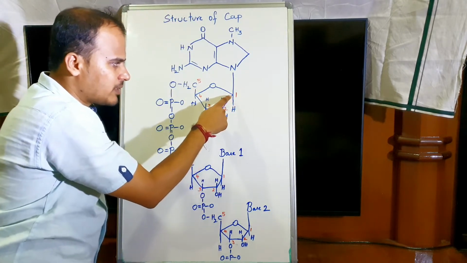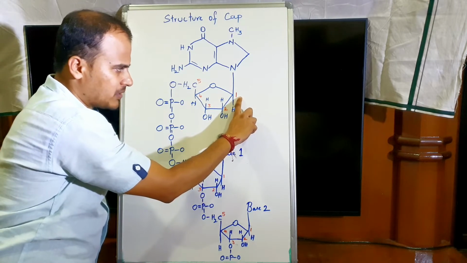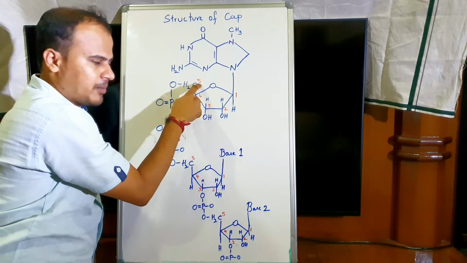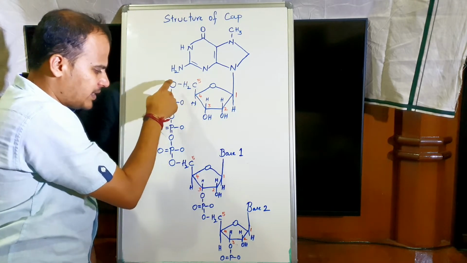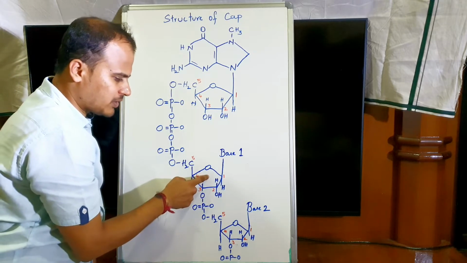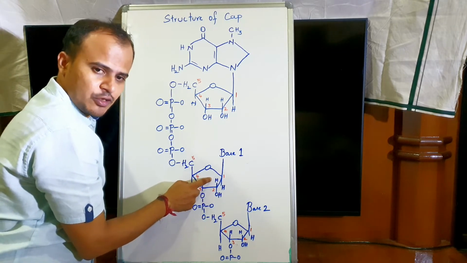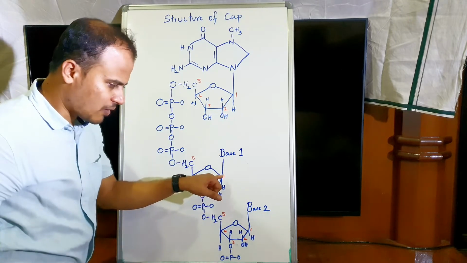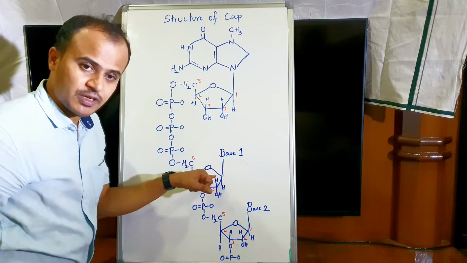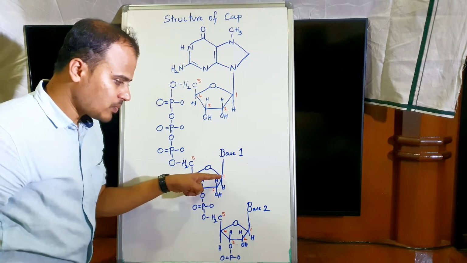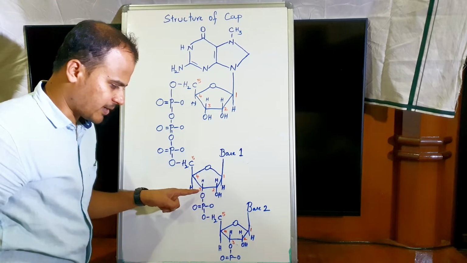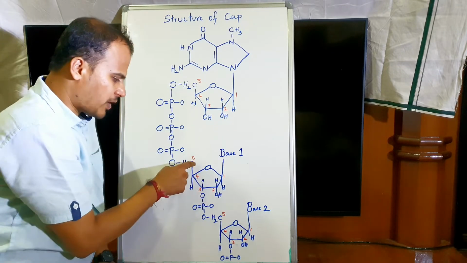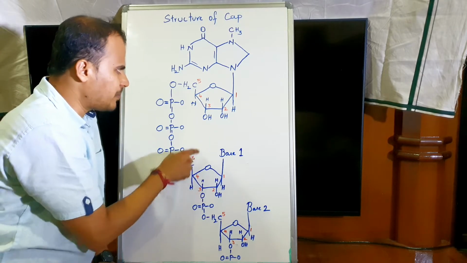If I number the carbon atoms, first carbon, that is 1', 2', 3', 4' and 5'. The fifth carbon atom is involved in the interaction with the first nucleotide of the mRNA. If I number the carbon atoms of the ribose sugar of the first nucleotide of the mRNA, first carbon atom, second, third, fourth and the fifth carbon atom, so 5'. So this is 5' to 5'.